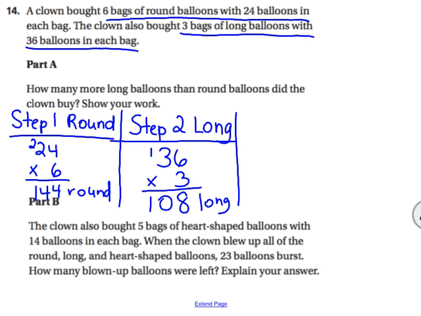Now remember, when you're subtracting, the larger number has to go on top, and that should be, we're going to do 144 take away 108.